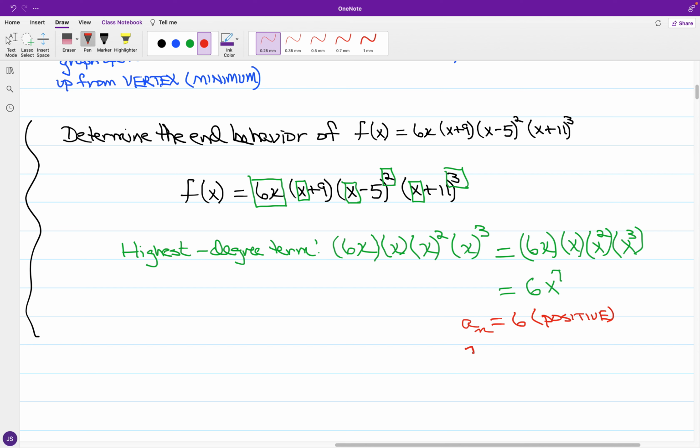And for the value of the power to which we have the highest degree term raised, we have n is equal to 7, so that is odd. Now for the end behavior, whenever the coefficient is positive and the power is odd, the end behavior is going to be down to the left and up to the right.